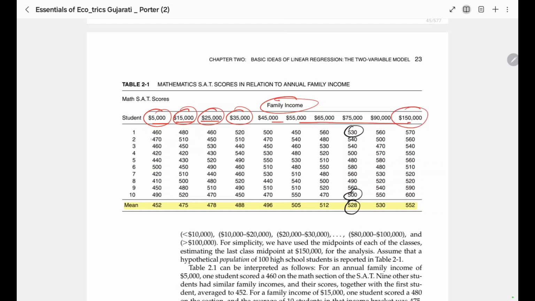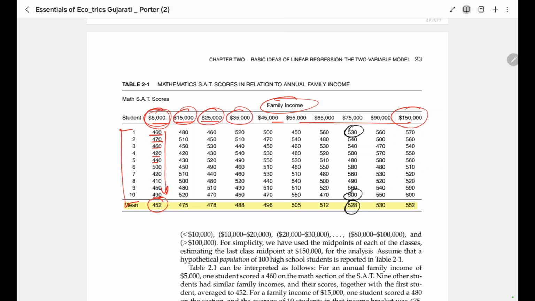And these are their scores, the scores of individual students. On a particular income level, say 5,000, these are 10 students having their scores, that is 460, 470, 460, 420 and so on till 490, and the mean here is 452.